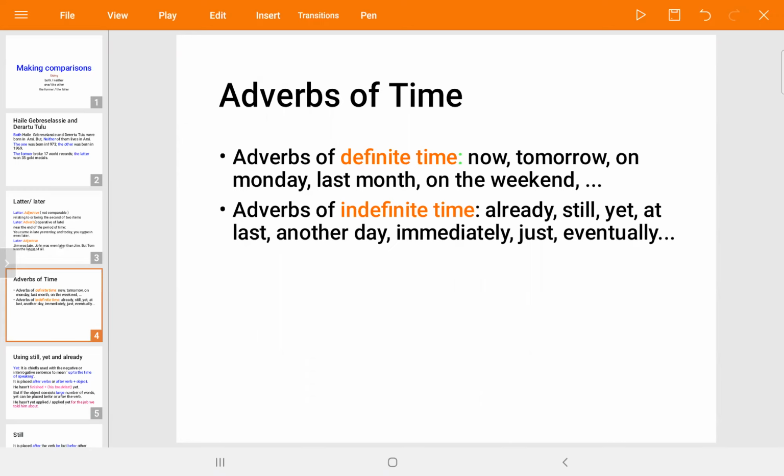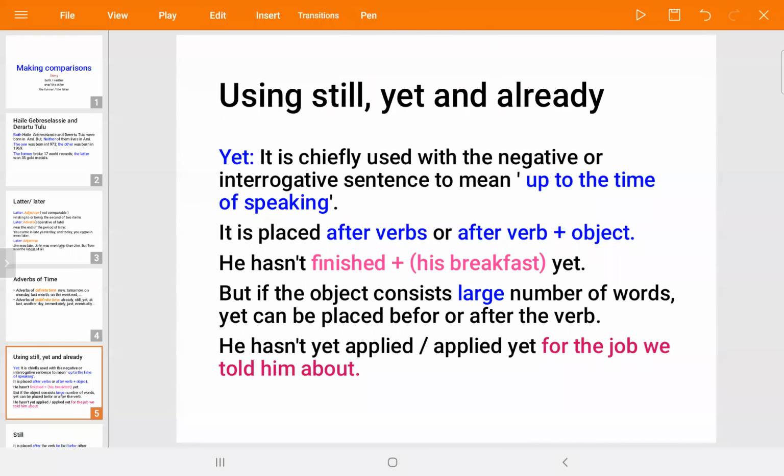What I need here is a detailed discussion of already, still, and yet, three indefinite time adverbs, with negative and interrogative sentences, to mean up to the time of speaking. So the meaning of yet is up to the time of speaking.